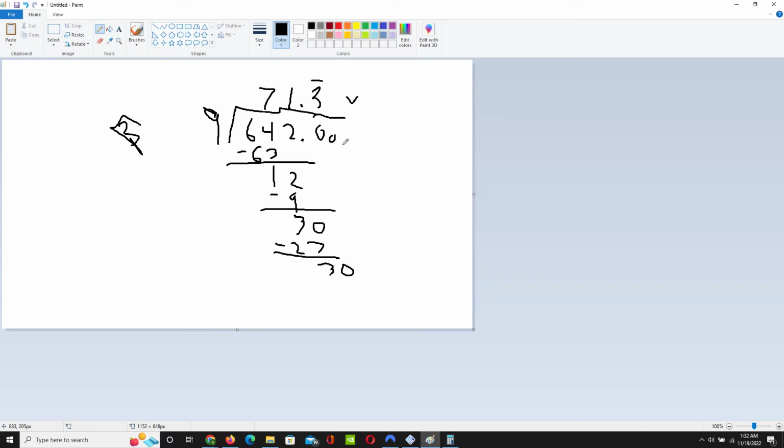I also could have said 9 times 6, 54, but no, we want the closest number to 64 that doesn't go over it. I can't use 9 times 8, 72, because it's bigger. We need to get the closest one.